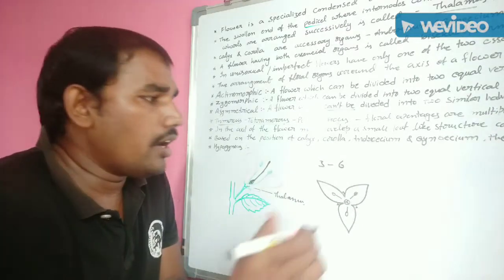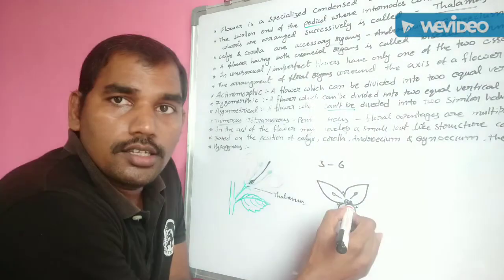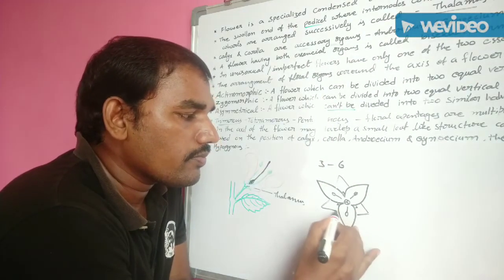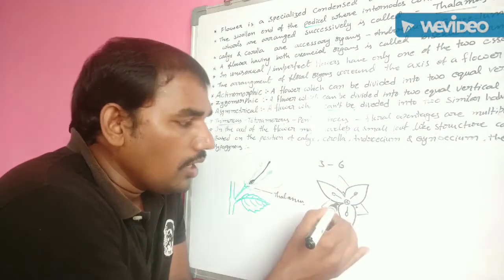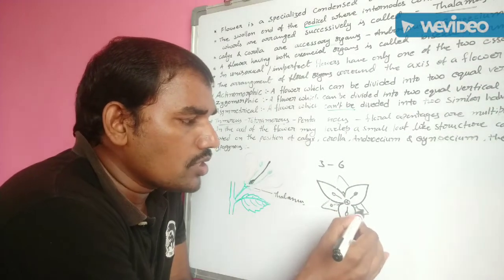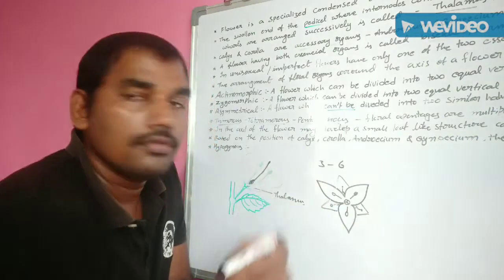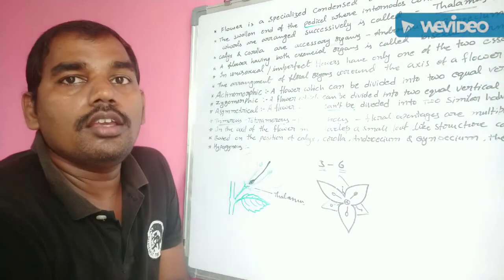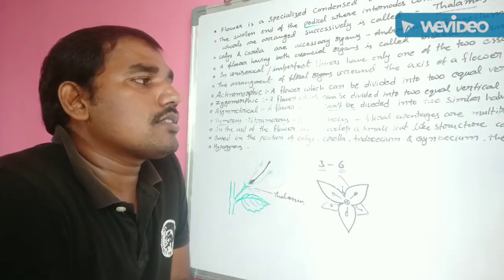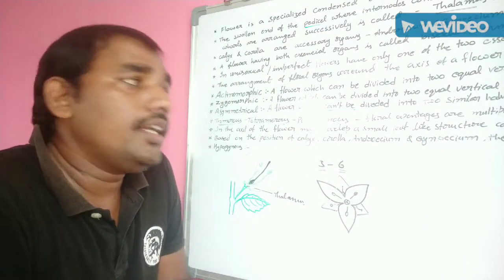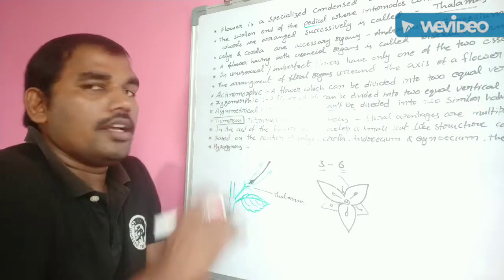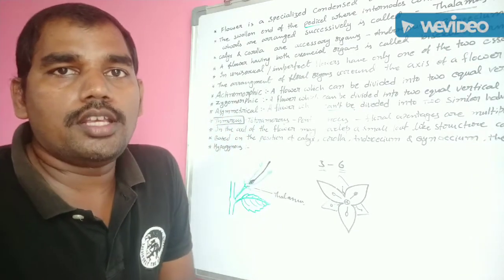In this way, or calyx 3, corolla 6, anthers also 6. In this way, flowers containing either 3 or multiples of 3 floral appendages are known as trimerous flowers.